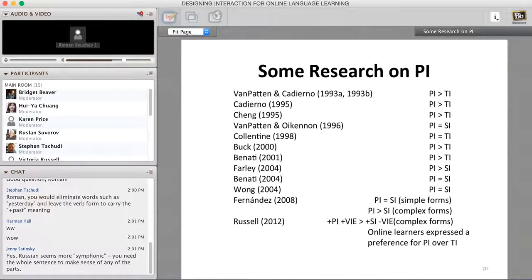So if they read something outside of the course, they may get really confused about it. That's one of the problems. I think processing instruction can help you. I would surmise that your students are probably processing their input and assuming that the first word they see is the subject.